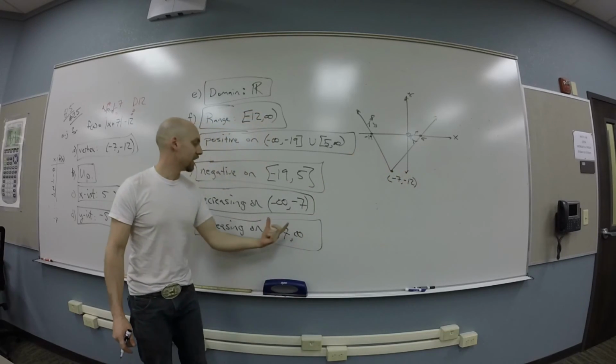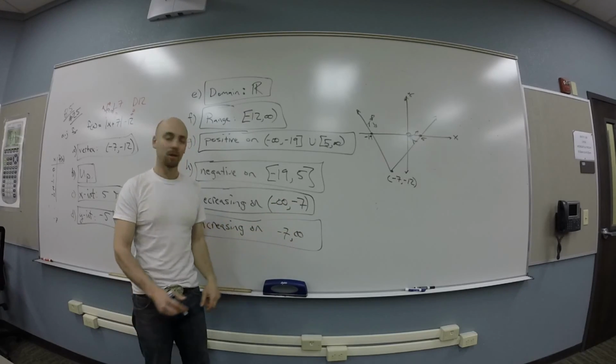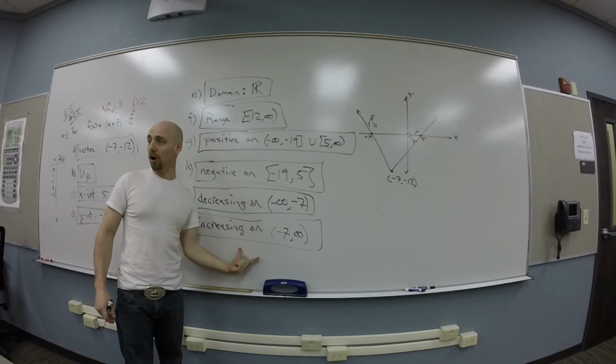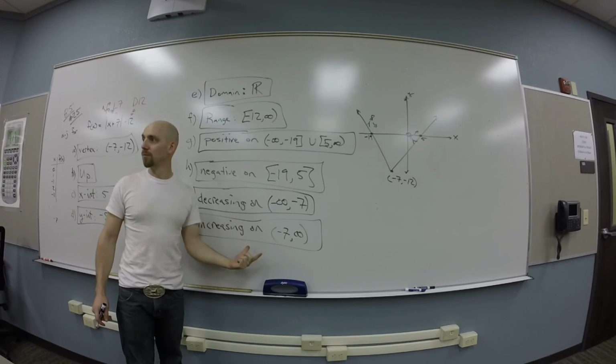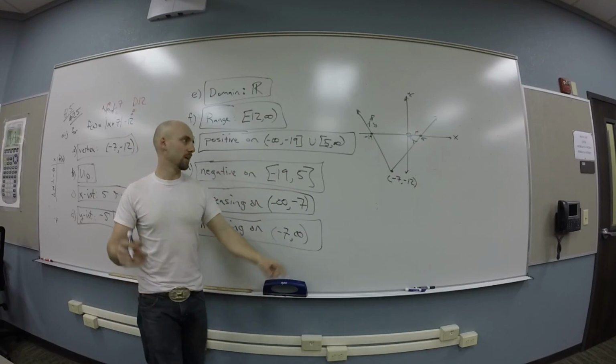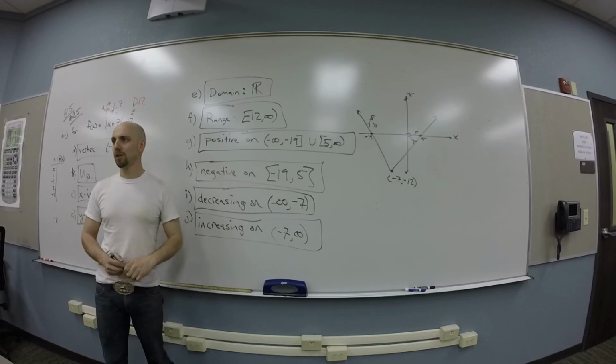Also, it should read as the other stuff. These two should also add up. Really, increasing, decreasing, and constant should all add up. But we don't have any flat spots in here, right? Maybe that little one at the bottom, but that one's not really a flat spot. That's like a pointy weird spot.